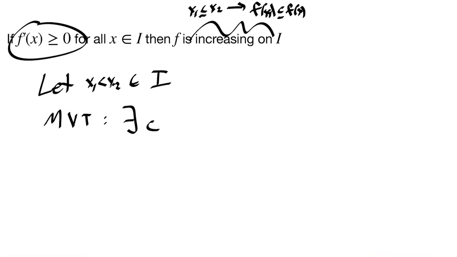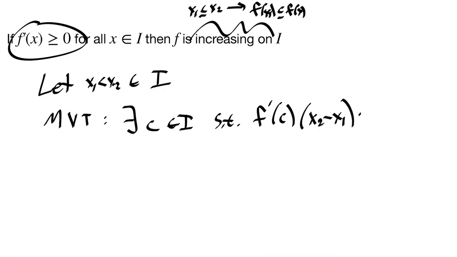It says that there exists a c in the interval such that f prime of c times x2 minus x1 equals f of x2 minus f of x1.